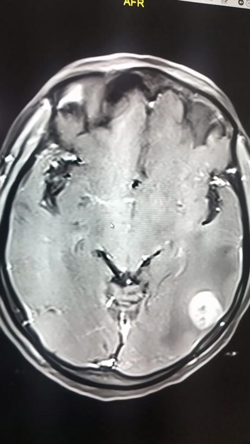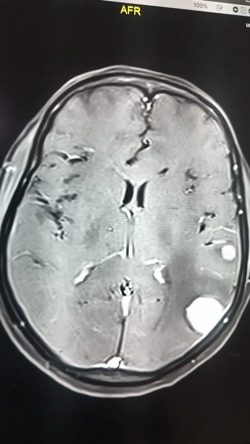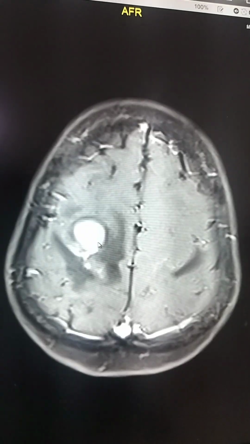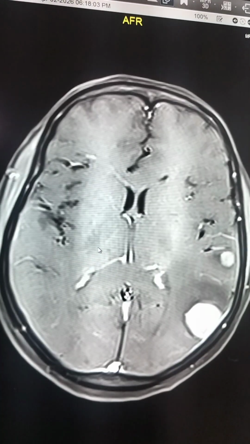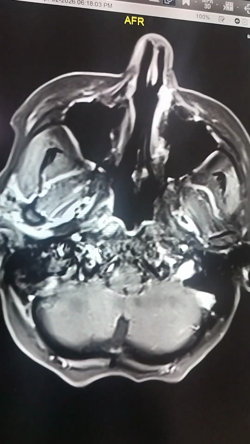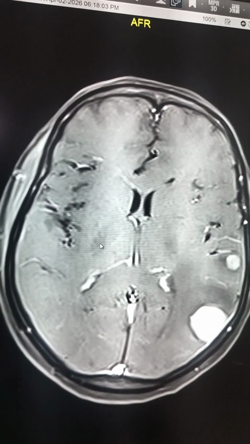So this is the post-contrast sequence. After contrast, we are able to see heterogeneous enhancement, isn't it?